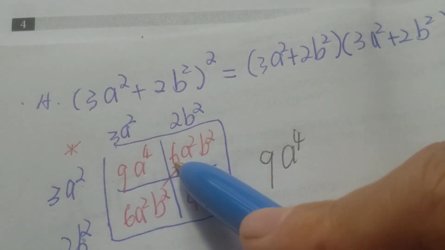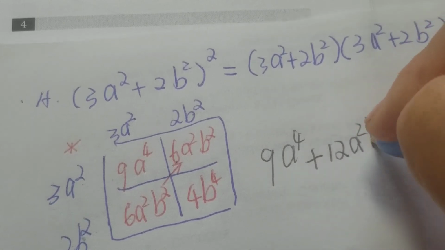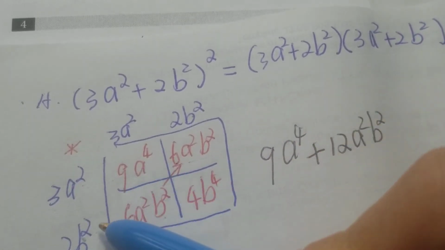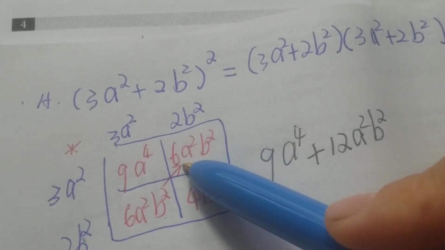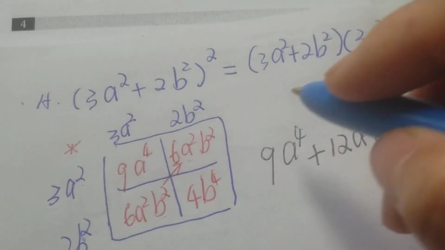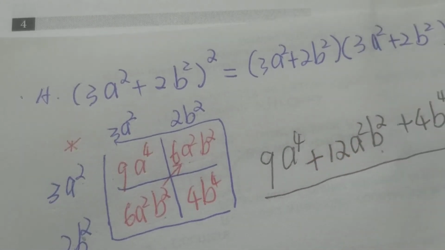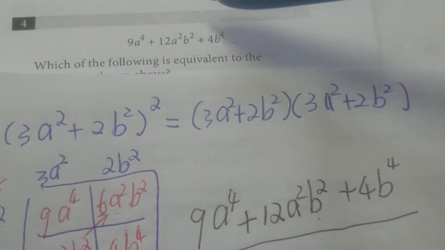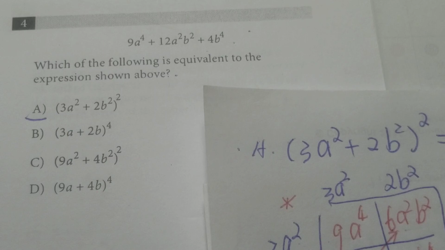Positive 6 plus positive 6, which is positive 12. A squared b squared. Take this as your unit, because when you combine the like terms, you only combine the coefficients. Just leave all those variables as your unit. Drag it down. Positive 4b to the power of 4. And you can see this is exactly the given expression. So we're lucky, the correct answer is A.